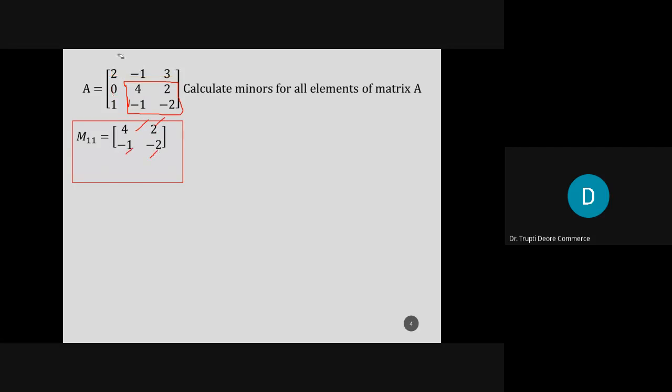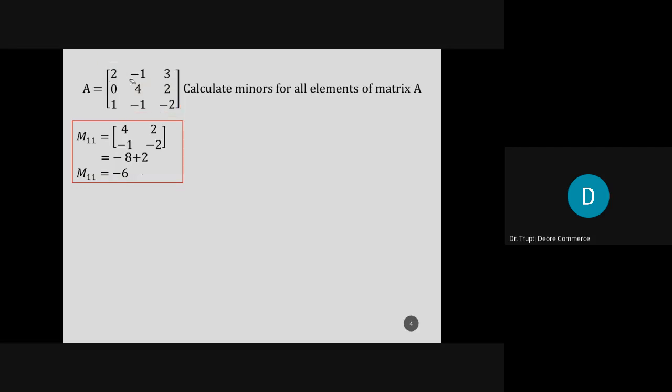With this you will calculate a determinant value and you will get the minor of 2. So it is 4 into minus 2, that is minus 8, and minus 2, that is plus 2, equal to minus 6. So M11, the minor of 2, is minus 6.